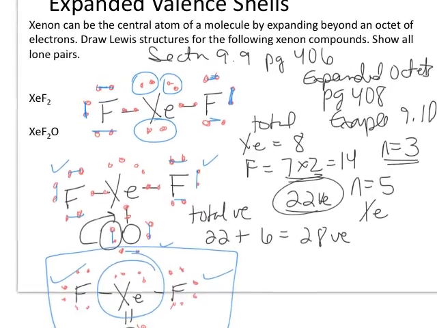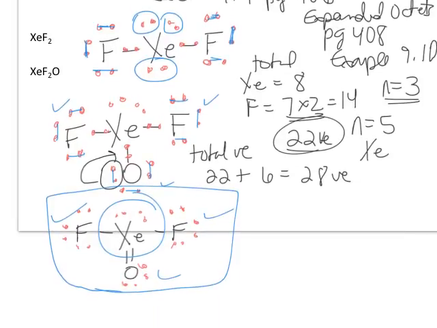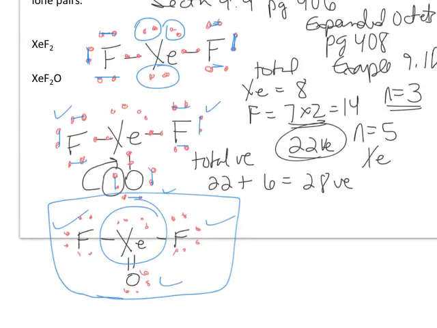Now, you can also form a double bond. So in the XeF2O compound here, you do the same connectivity, except you're going to put oxygen now on xenon.